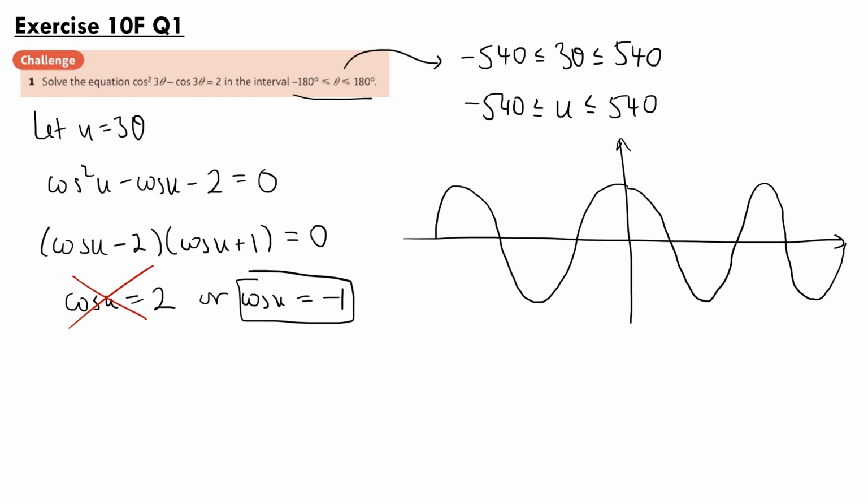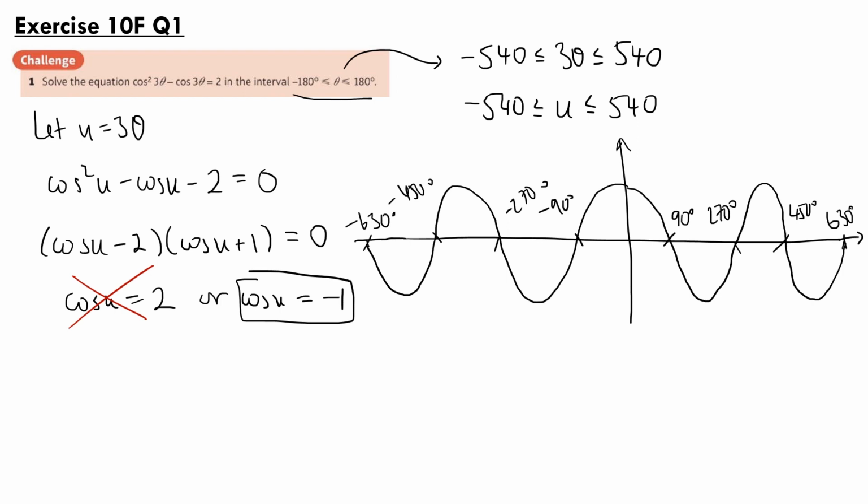Okay, and if we label these intersections with the axes, here will be 90 degrees, here 270 degrees, and here 450 degrees, and here we'll have 630 degrees. And doing the same on the other side, we'll have minus 90 degrees, minus 270 degrees, minus 450 degrees, and going a little bit further, here we'll have minus 630 degrees.